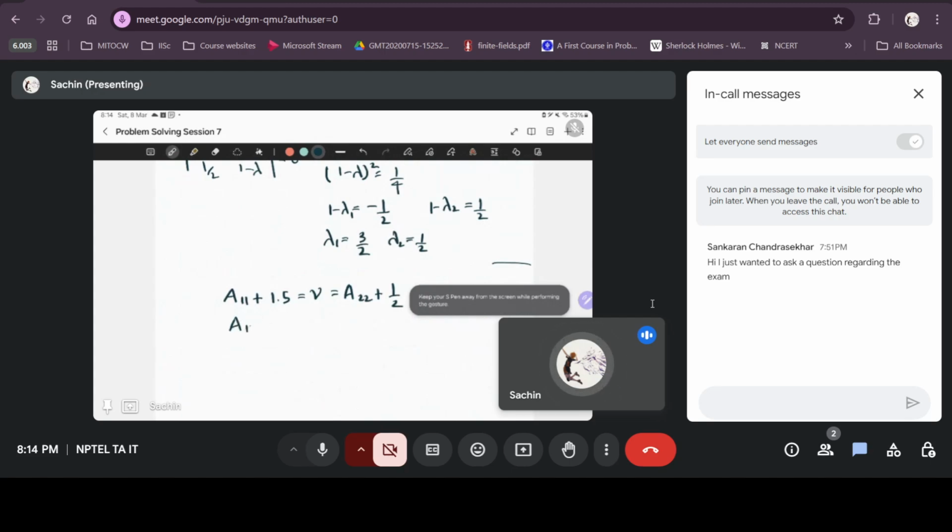So A22 minus A11 is 1, and we also had A22 plus A11 less than or equal to 2.